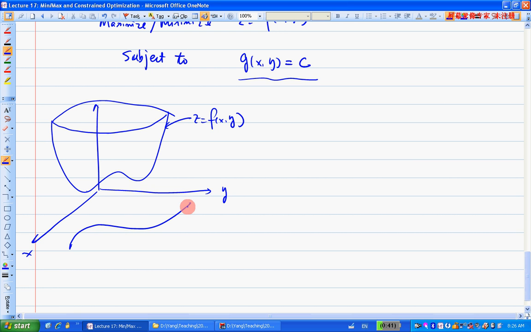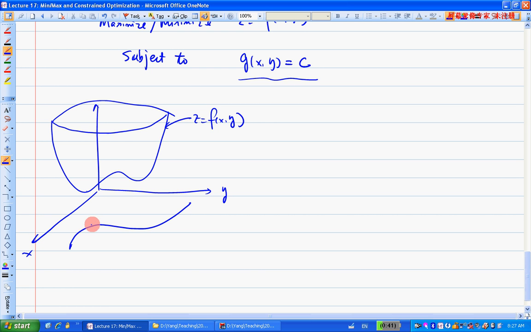Imagine that you are walking along this curve, and ask yourself, at which location along the curve is the minimum or maximum of this surface? That makes sense? That's the constraint problem.